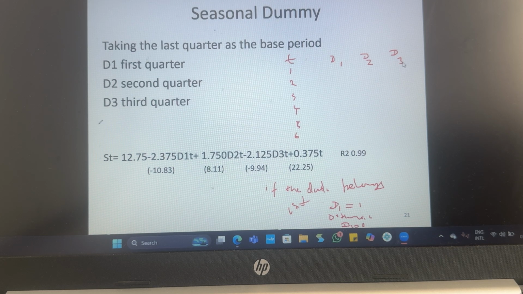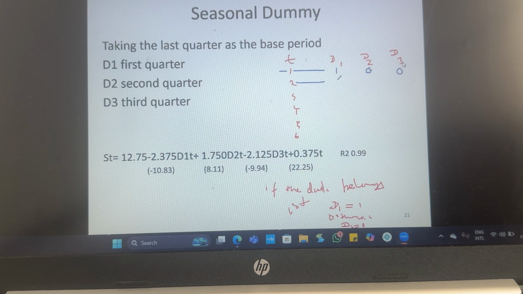Now this is the first quarter. The data belongs to the first quarter, therefore the number here should be 1. The first quarter does not belong to the second quarter or the third quarter, so 0, 0. And this is the second quarter. What should be the number here? 0.